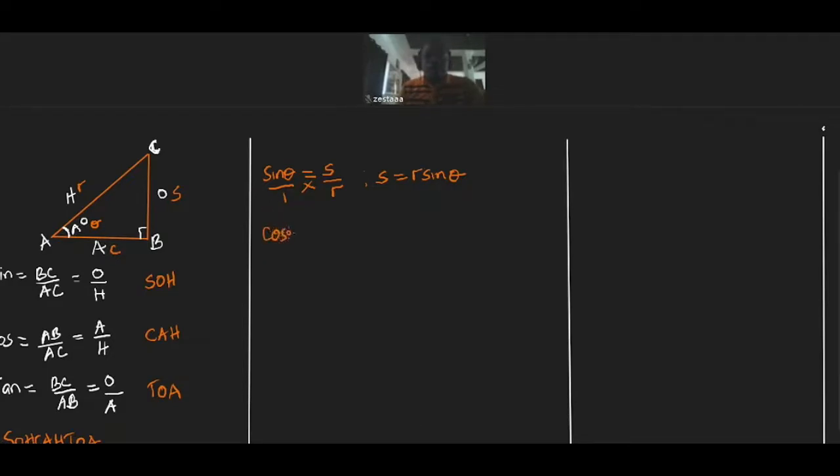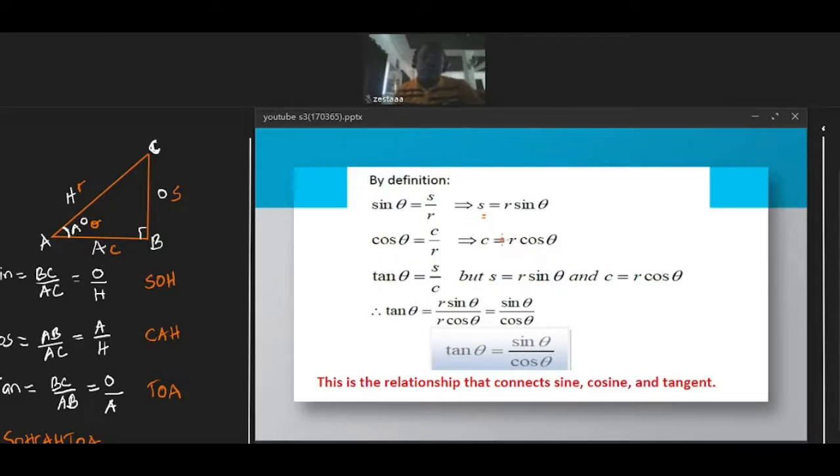If you have cos theta, we know cos is the adjacent, C, out of the hypotenuse, which is R. If you need to find point C, which is the adjacent, C will be equal to R cos theta when you cross multiply. So that's what we have.